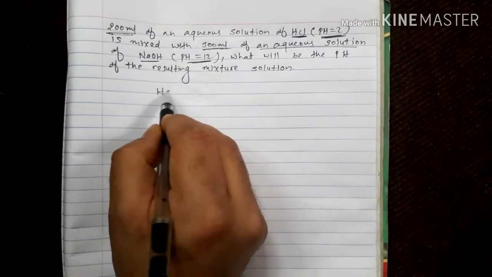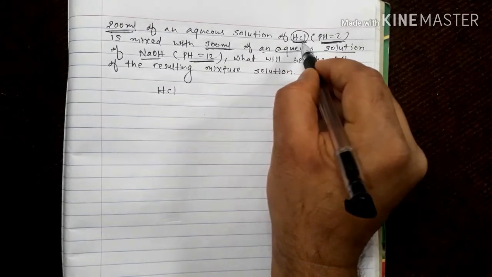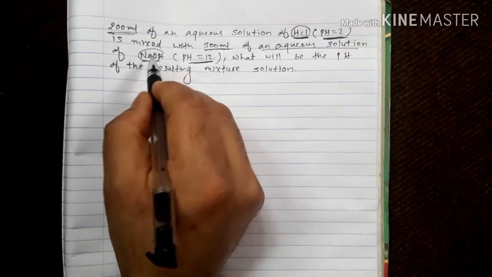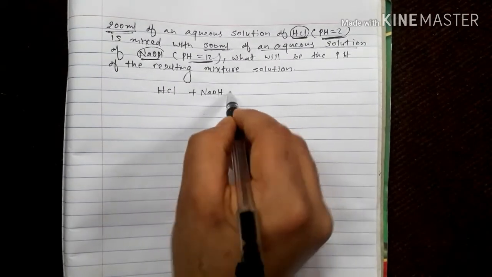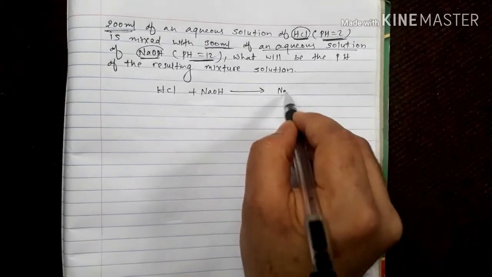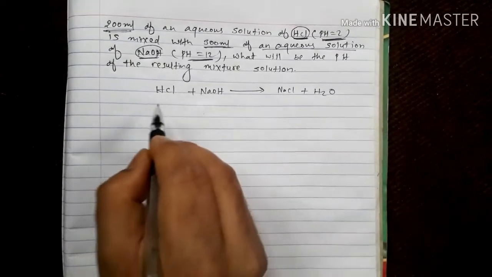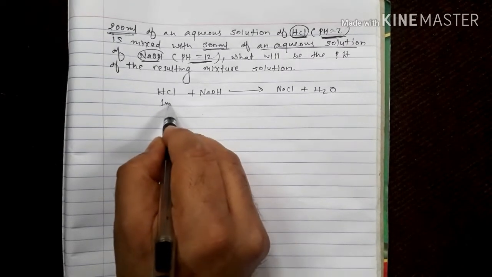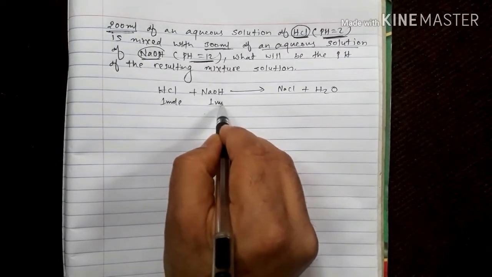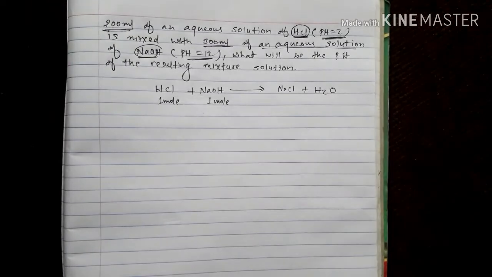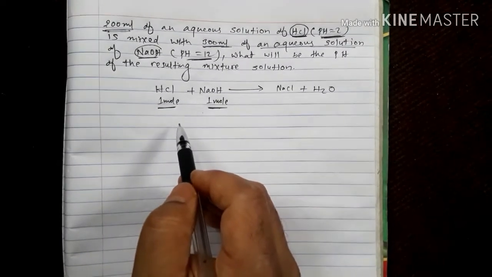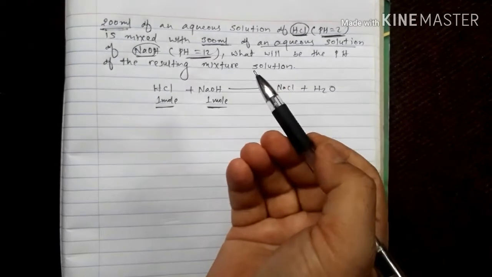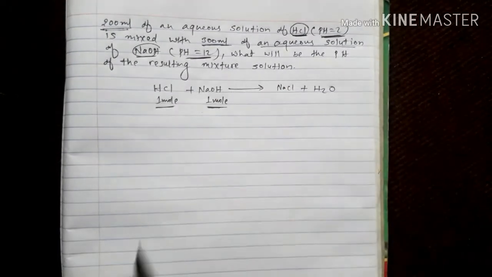During the reaction, HCl is acid, NaOH is base. Acid and base neutralize each other, like that: NaCl plus H2O. 1 mole of HCl always neutralizes 1 mole of NaOH. If we are able to find the number of moles of HCl and NaOH, we can easily find which is neutralized and which is left over.